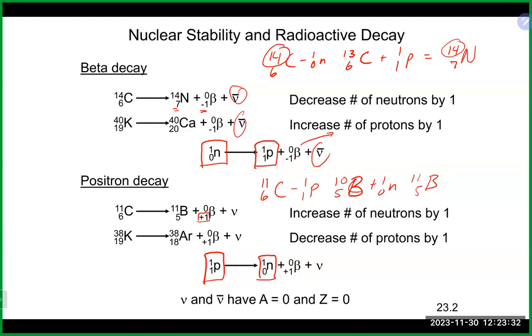So overall, again, no net change in the mass number, but there really is change going on. It is that proton being converted into a neutron. The result of that process is that it releases that positron particle from the nucleus.